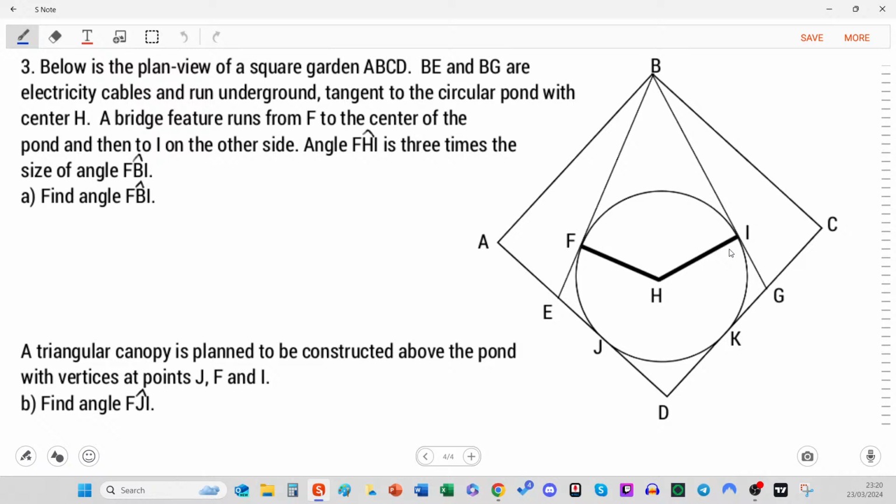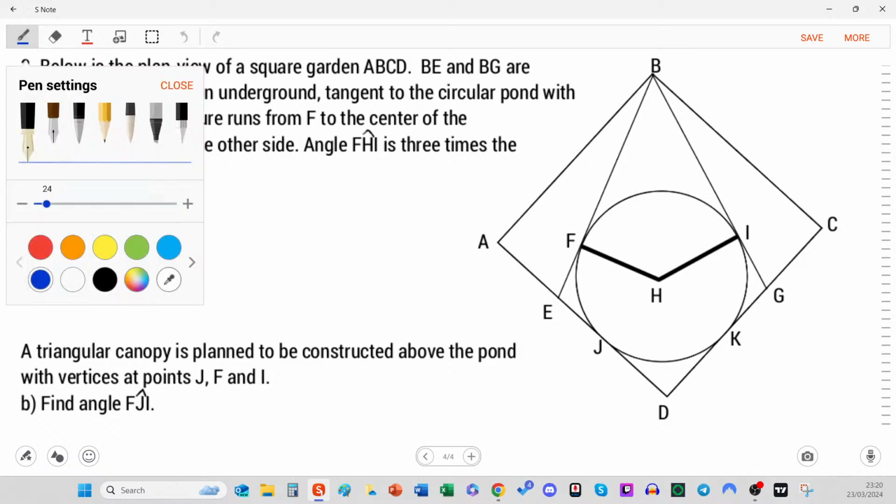Okay. Below is the plan view of a square garden ABCD. BE and BG are electricity cables that run underground, tangent to the circular pond with center H. So, straight lines, tangents, circle theorems. Probably thinking that. A bridge features that goes across the middle.